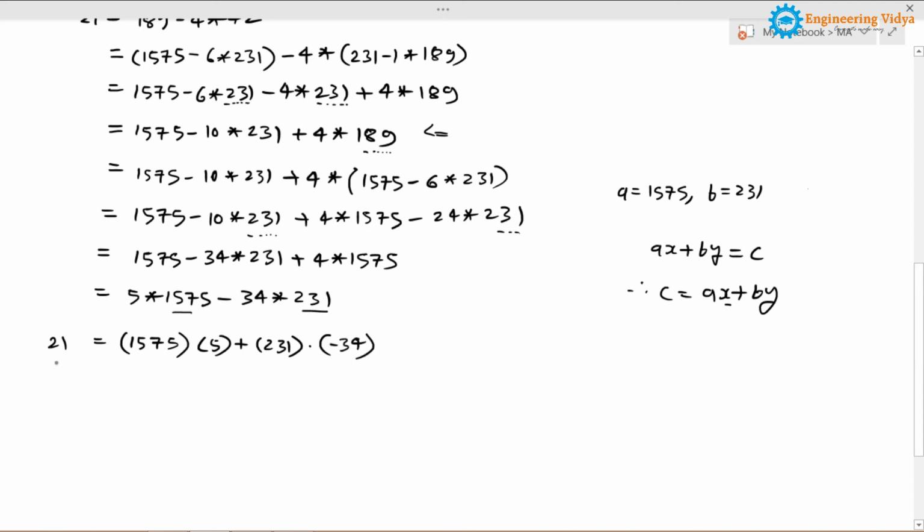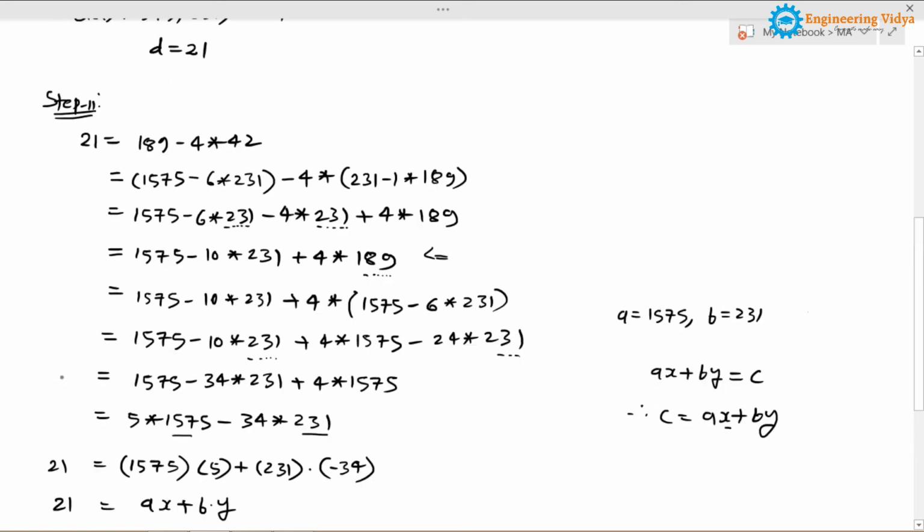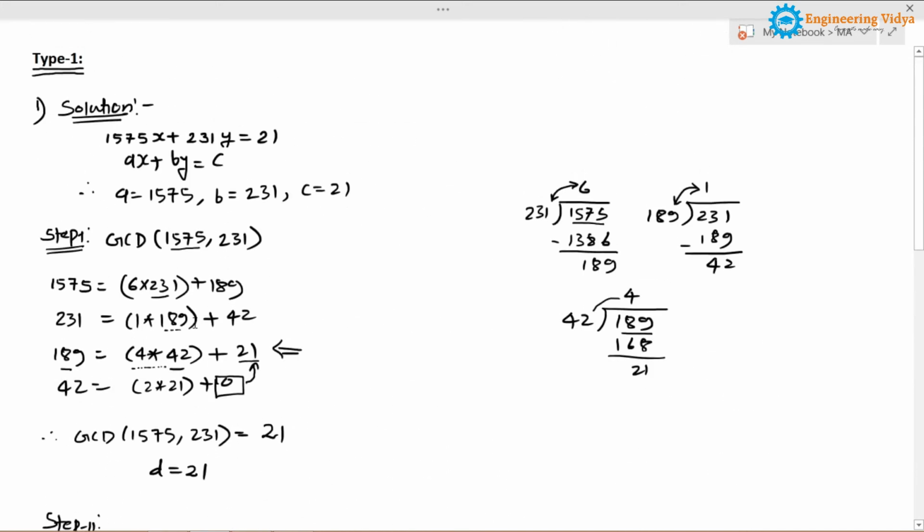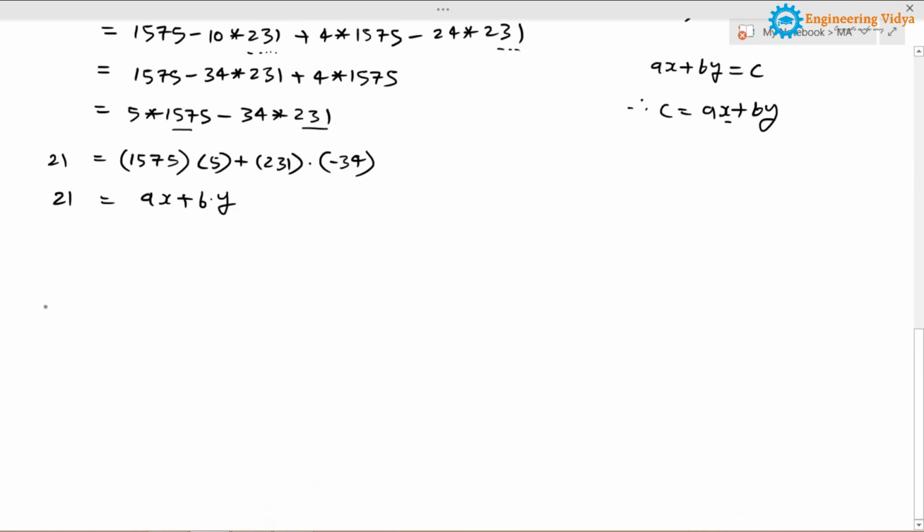So now here, in simple terms, this is a, this is x, this is b, and minus 34 can be considered as y, and this is nothing but c, right? Because after comparison, c is equal to 21. So therefore we can write c equal to ax plus by.